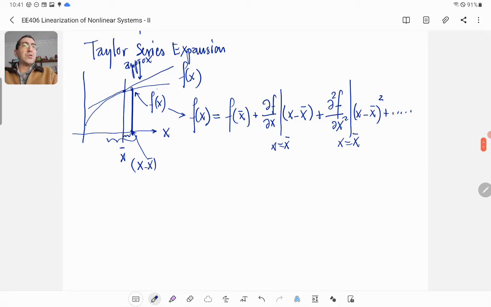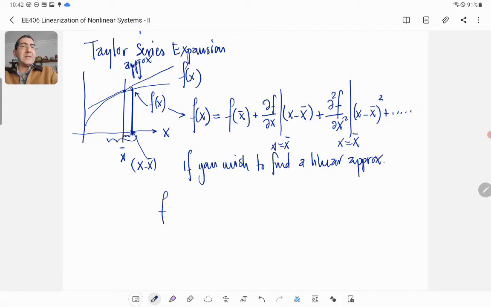Now, if you want to approximate this function with a linear function, if you wish to find a linear approximation, you basically make this an approximation, and you keep some of the terms. In fact, only the first term, which is the linear term.